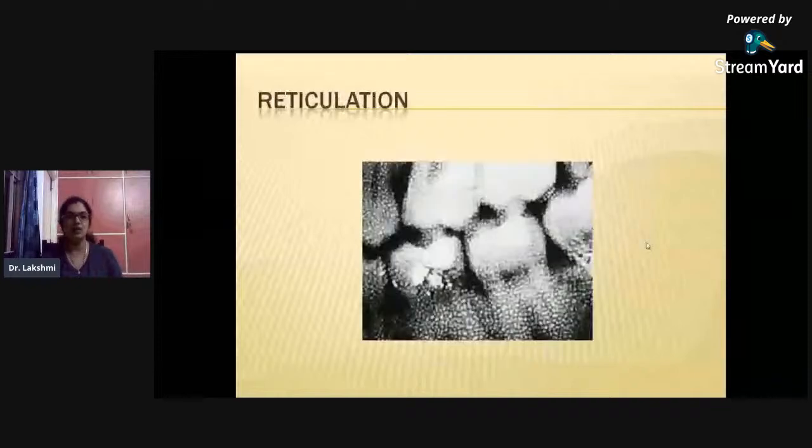Now reticulation, it has a grainy and speckled appearance which is caused due to, what do you say, there are more silver bromide ions or the atoms which are there. Okay, and due to some chemical changes, and whenever you put it in the developer, this reticulation can be a possibility.